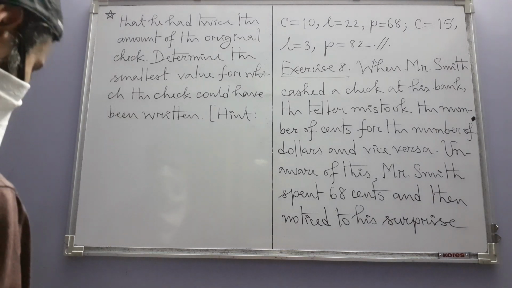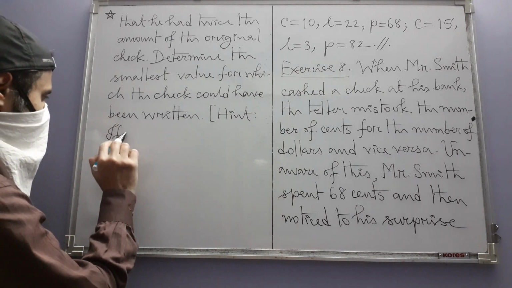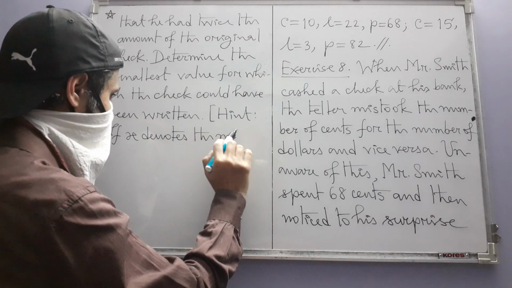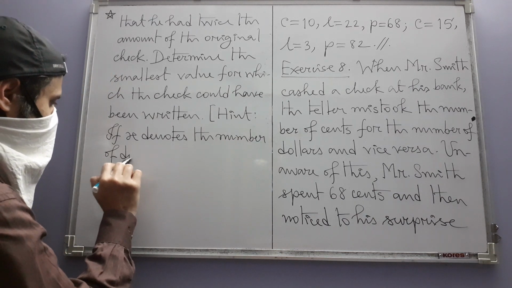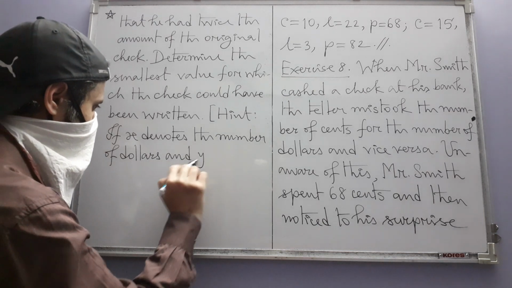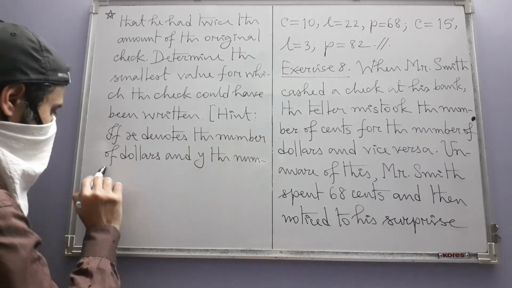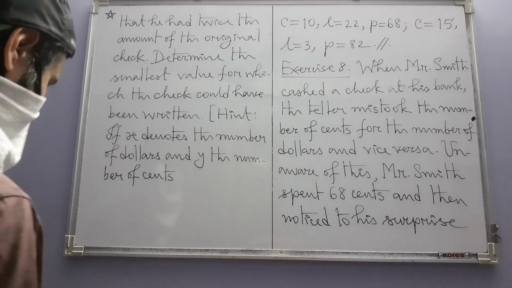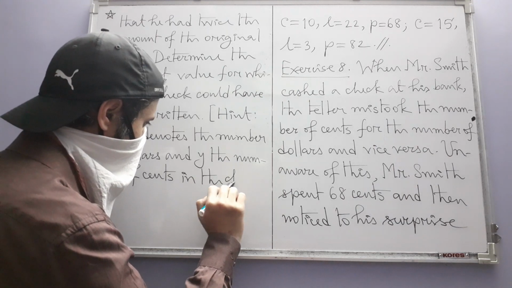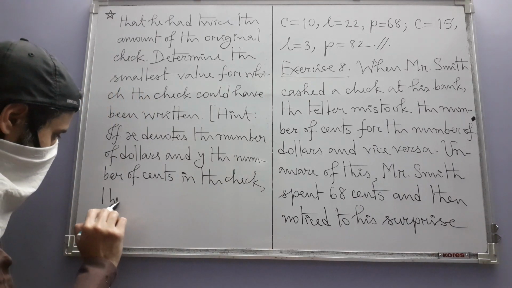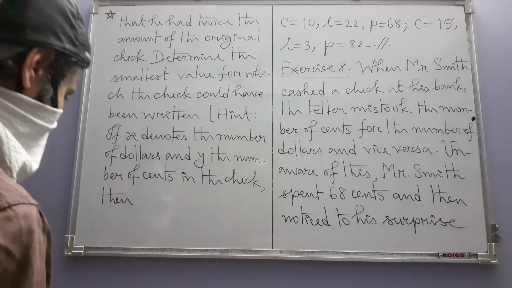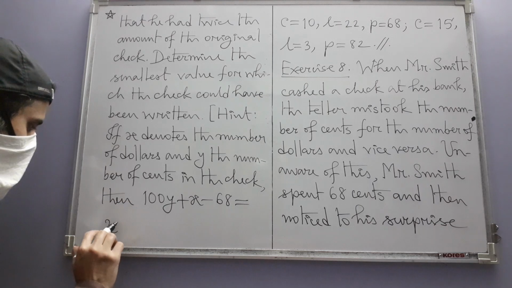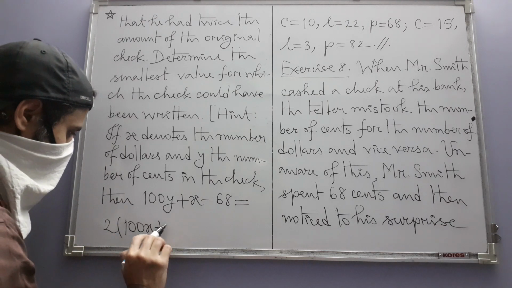If X denotes the number of dollars and Y the number of cents written on the check, then 100Y plus X minus 68 is equal to 2 times (100X plus Y).